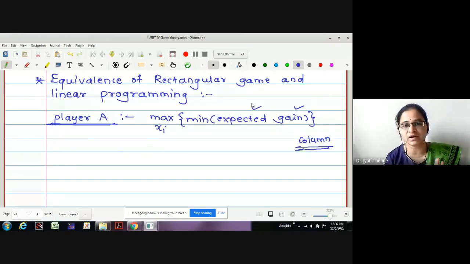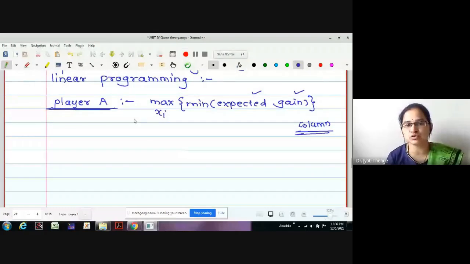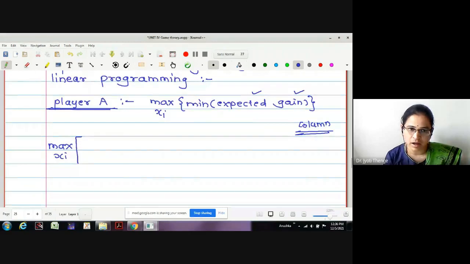I will write only with respect to player A initially. Therefore, the aim is to maximize his minimum expected gain. We have already found this is the maximum over the probabilities xi of the minimum among the summation values. What are the summation values?